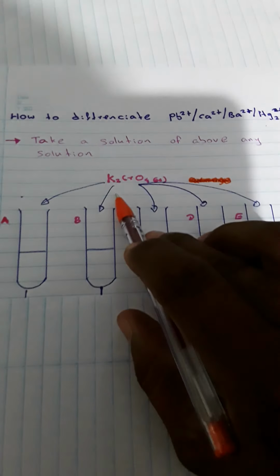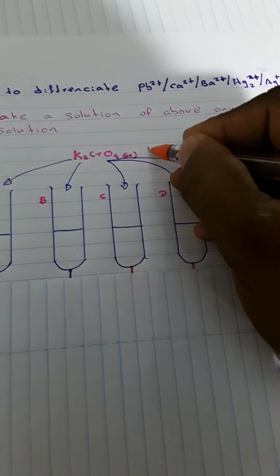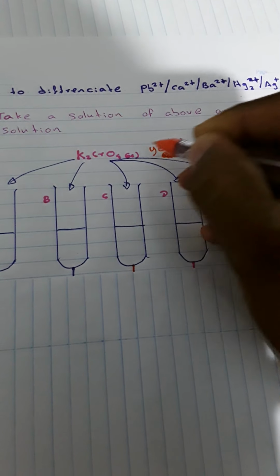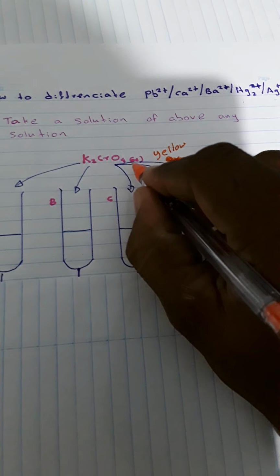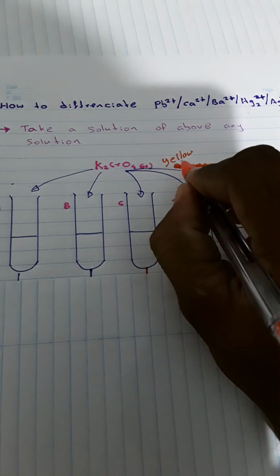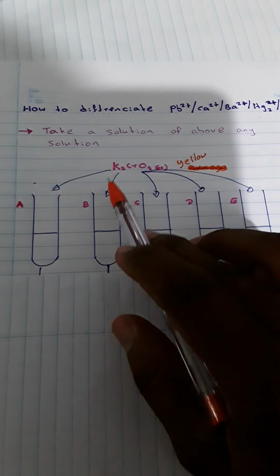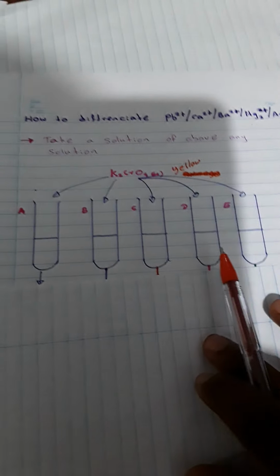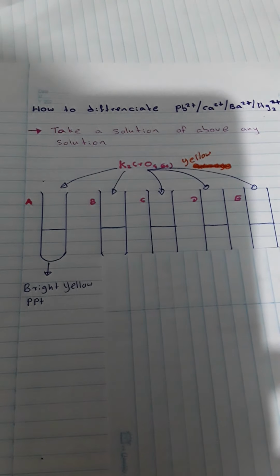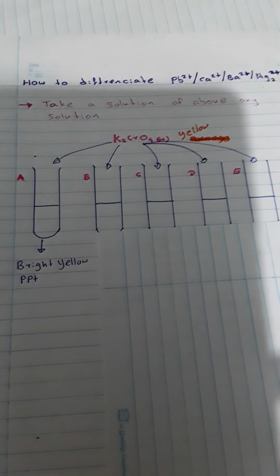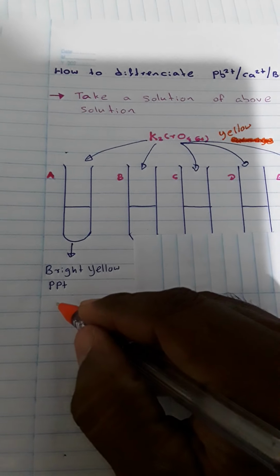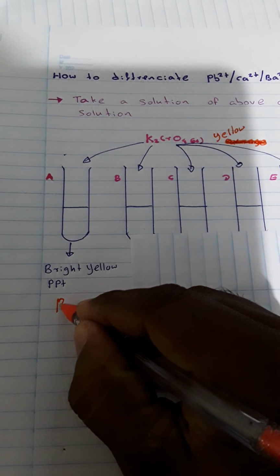So we have to add potassium chromate. Aqueous potassium chromate solution is yellow in color. We will add potassium chromate to solution A, which is unknown. If it gives a bright yellow precipitate, that means it contains which ion?